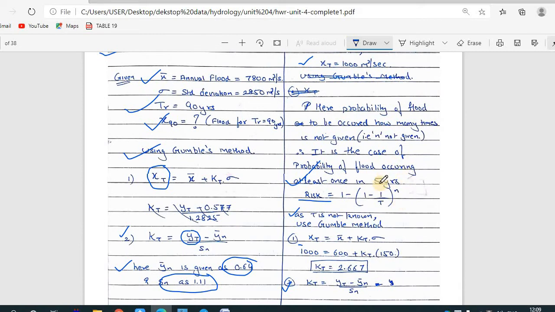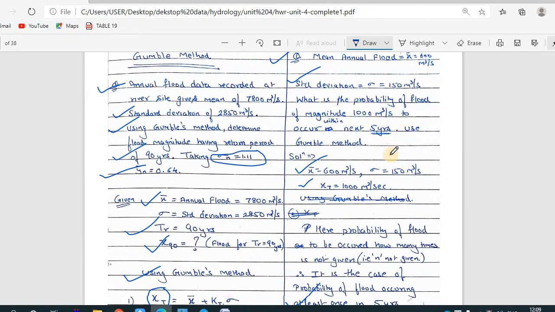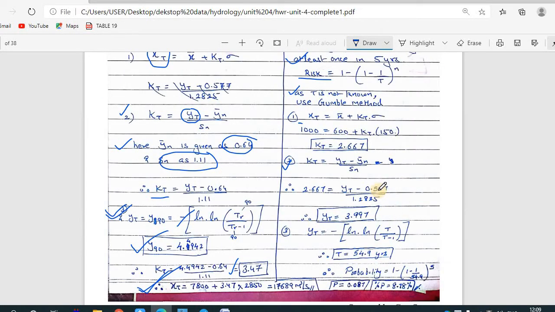I think it is already given in the question, but it is not mentioned over here. So you must add in your question the values of y bar n and Sn. So 0.577 divided by 1.285. These values are given. From here you can calculate the value of yt. So yt is coming out to be 3.997.